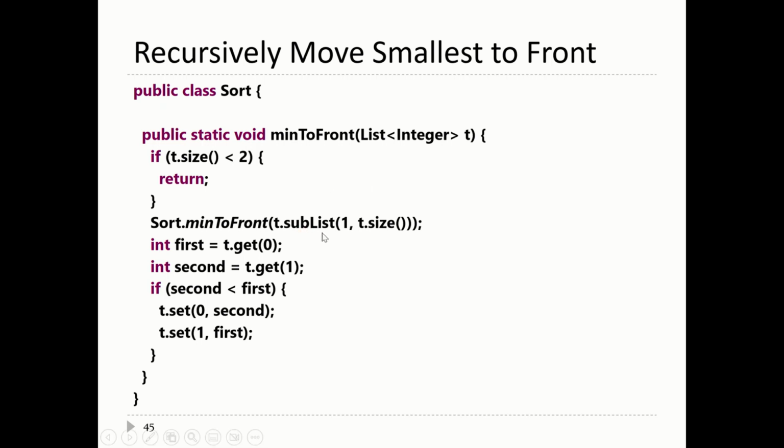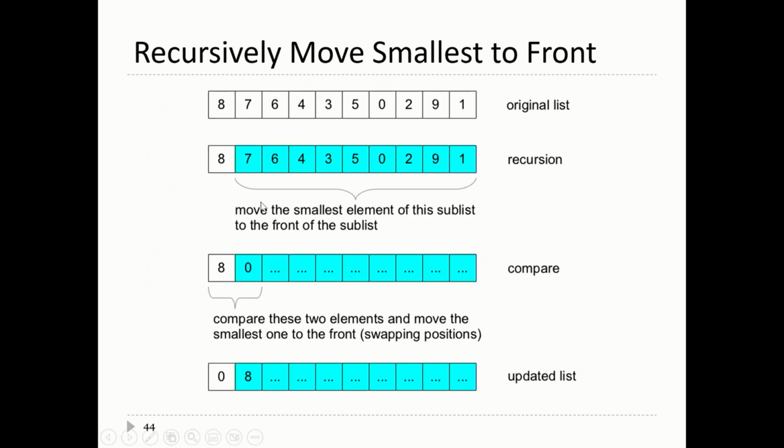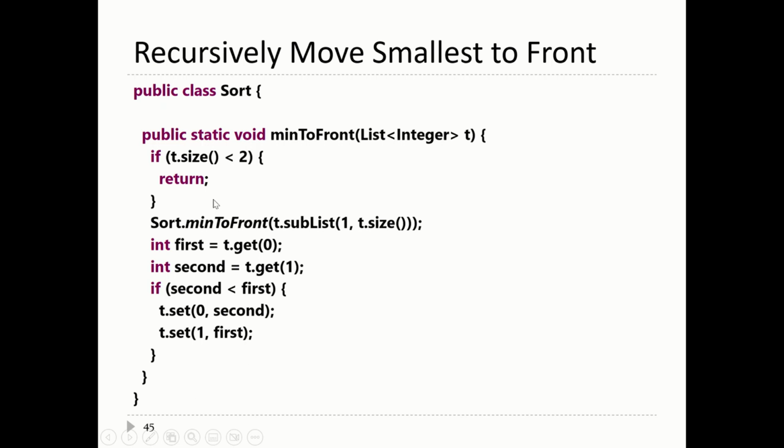The rest of the list is just the sublist starting at index 1. In other words, T sublist 1 to T size is that list in blue. I can move the smallest element of that list to the front just by calling the method recursively. So I call min to front recursively, and that moves the smallest element to the front of the list.